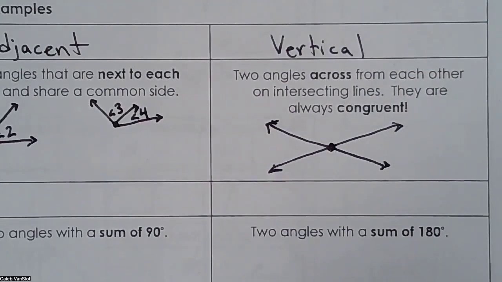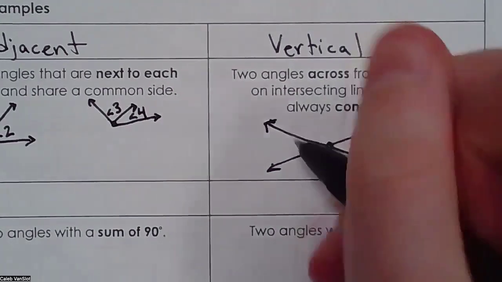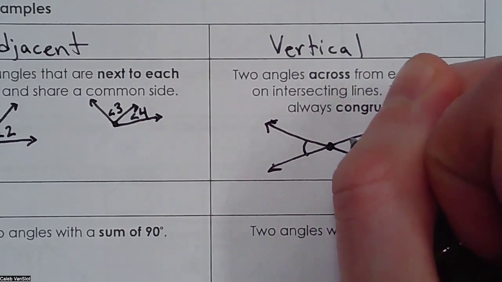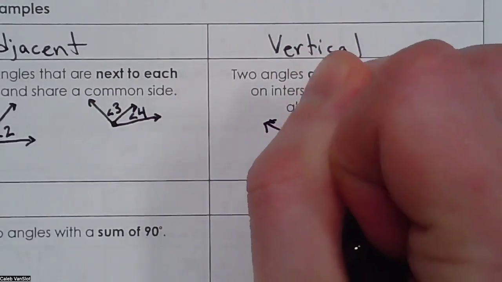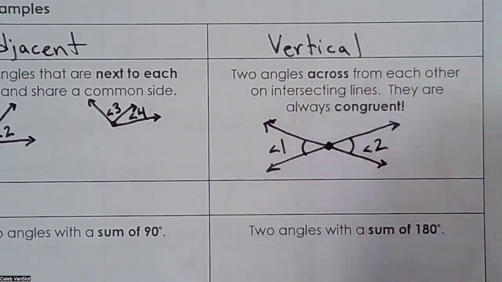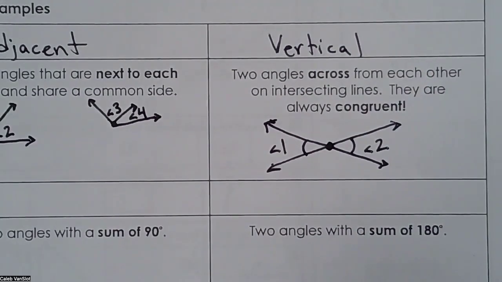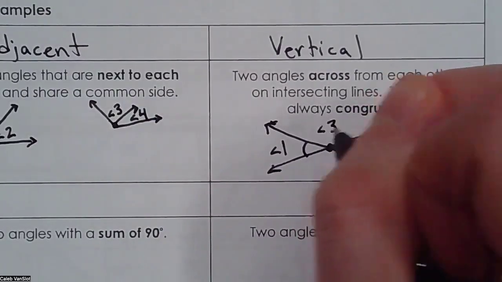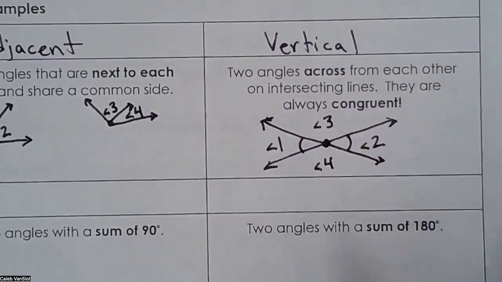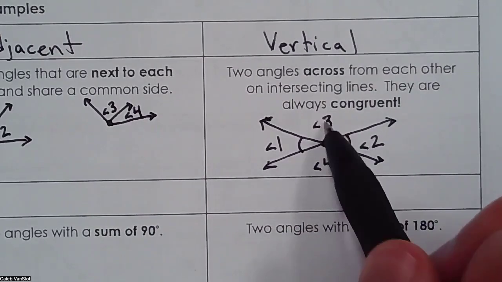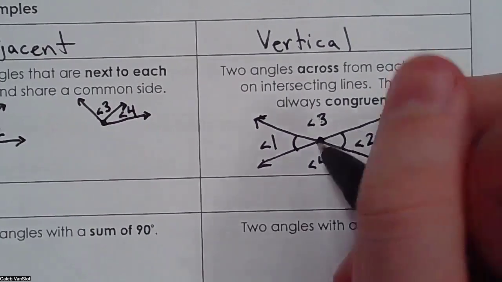So where they cross over is our vertex, right? And those angles are going to be the ones that are across from each other, right? So let's call this angle 1 and angle 2. Do you guys see how those are across from each other? Those are vertical angles, right? If I had, let's say this was angle 3 and angle 4, those two are vertical as well, right? Does everybody see that? Those ones are across from each other as well.